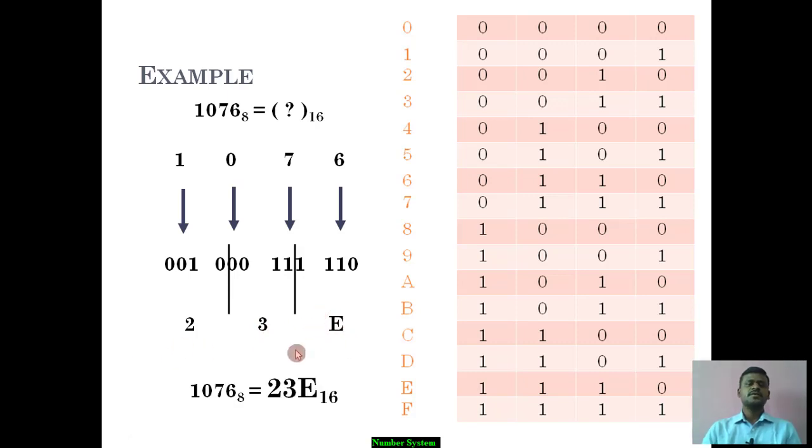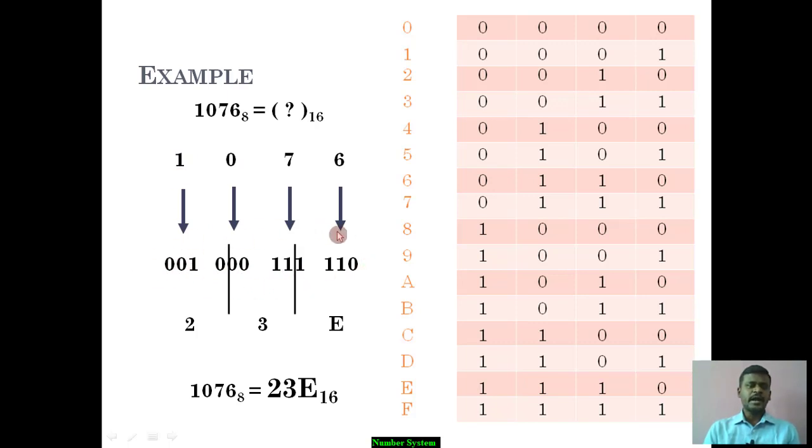So this is how we can convert any octal number to a hexadecimal value. The technique is, in the first step, we find the binary equivalent of the octal number from the octal table: for 6 it is 110, for 7 it is 111, for 0 it is 000, for 1 it is 001.